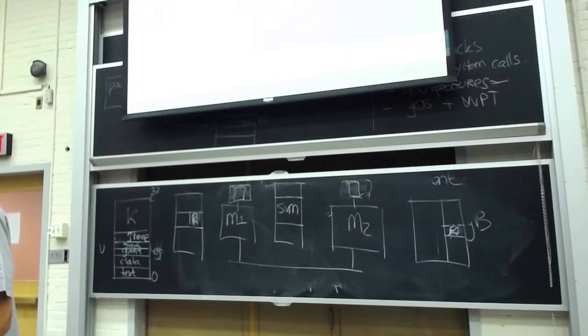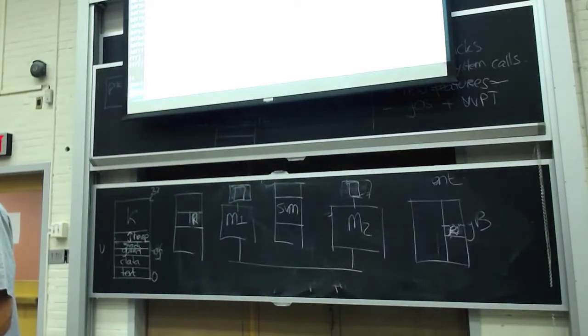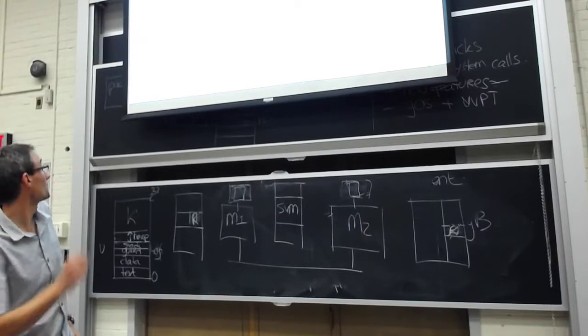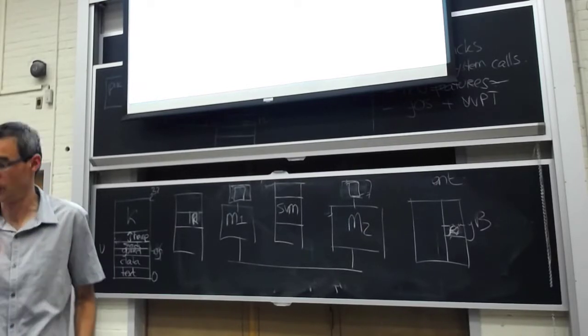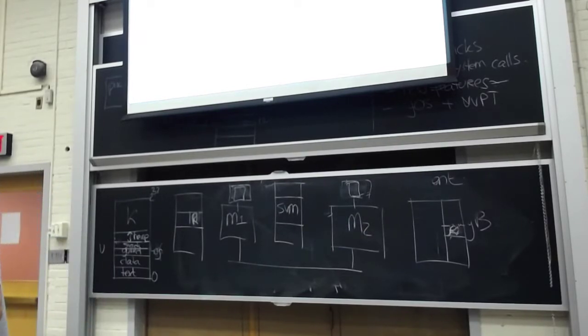Okay, so I want to talk a little bit about JOS very quickly. I'm sure we'll get more time to talk about it. So the memory layout in JOS is not unlike the one in x86, except it's more complicated.